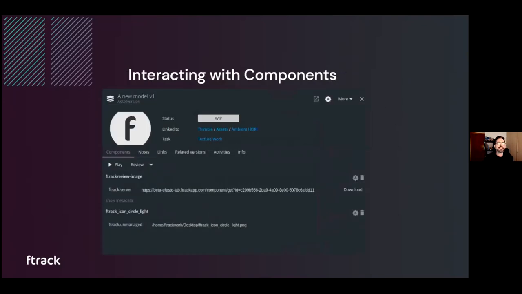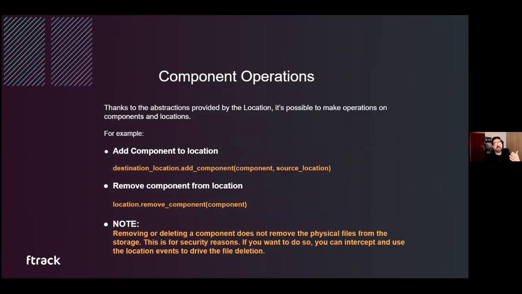So let's see how we can interact with the components and what kind of operations we can have between components and locations. Remember we said the locations are built-in layers, and this is where we can see how powerful this system is. We're going to do really complex operations, but with simple commands.